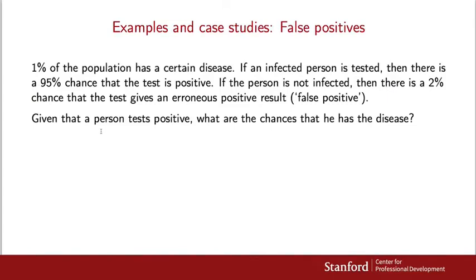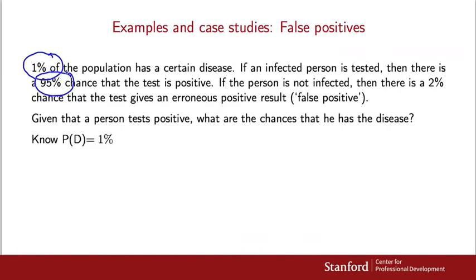So let's look at what probabilities we have. First, there's the 1%. That refers to the probability that a certain person has the disease. So we can write this down as the probability that the disease is present is 1%. Then we have the 95% chance that the test is positive if the person is infected.